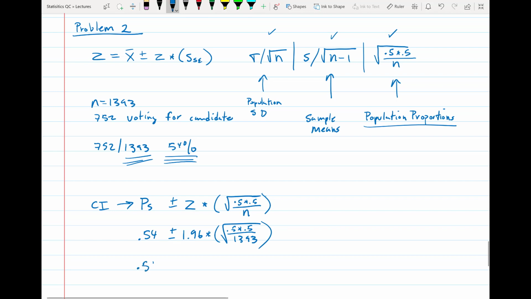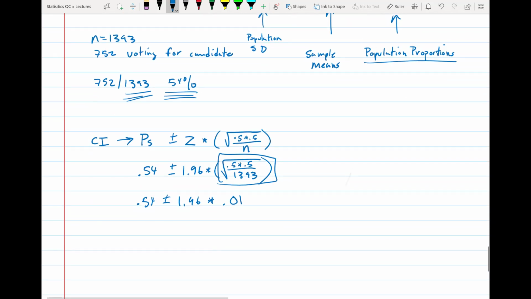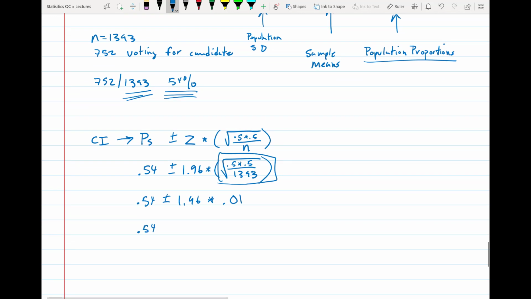We're going to get 0.54 plus or minus 1.96 times the result of this over here, and that is equal to 0.01. So we have 0.54 plus or minus 0.01 times 1.96, and that's going to be about 3%, about 0.03, actually 0.026, but we'll call it 0.03.